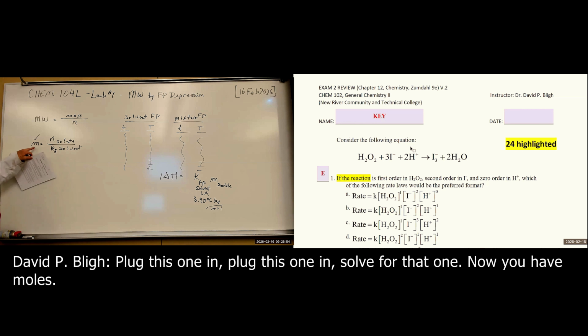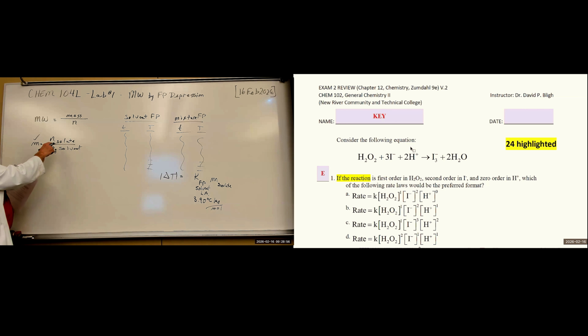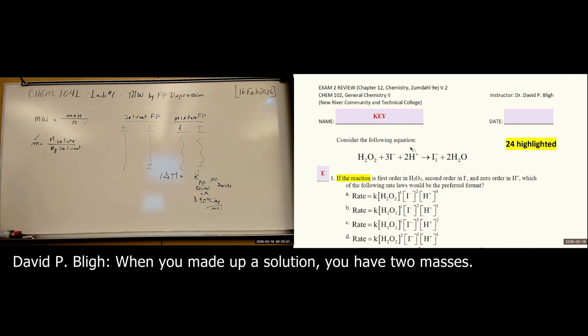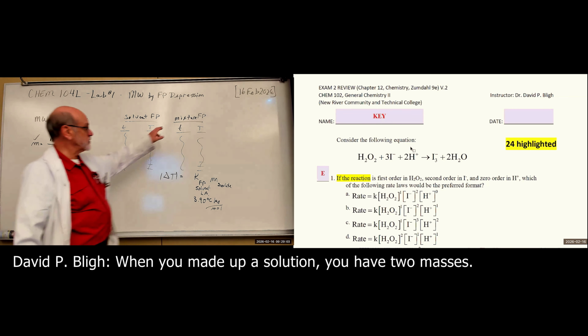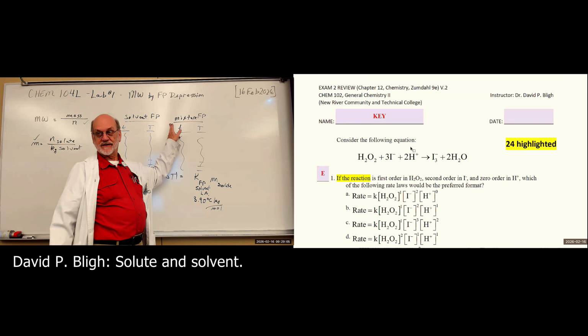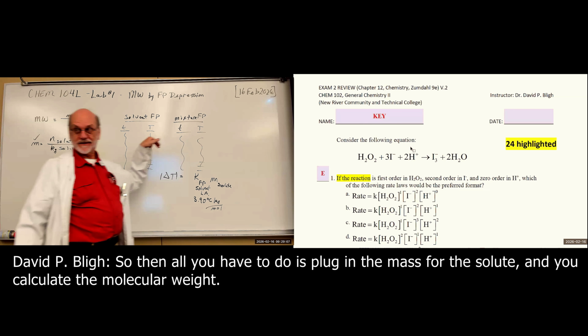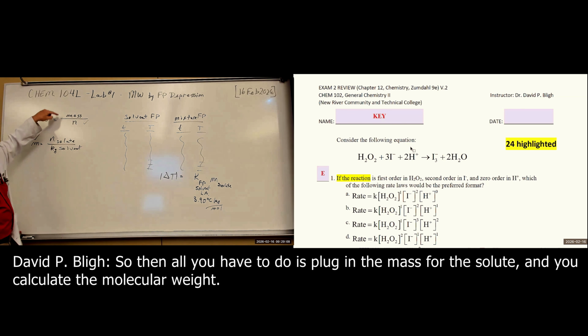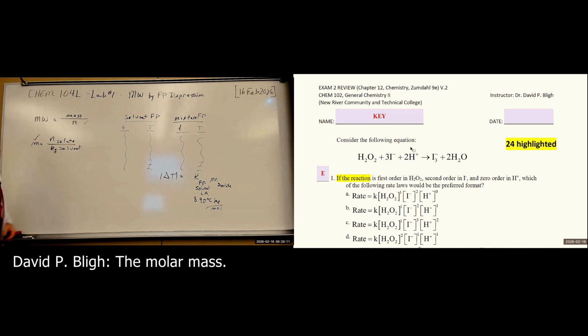Solve for that one, and now you have moles. When you made up the solution, you have two masses, solute and solvent. So all you have to do is plug in the mass for the solute and you calculate the molecular weight, the molar mass.